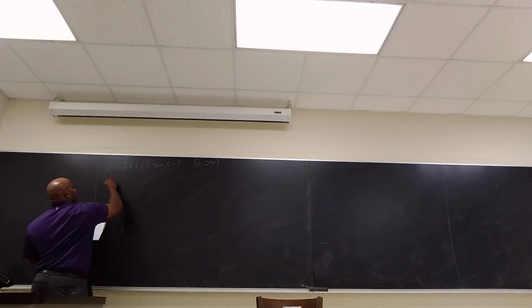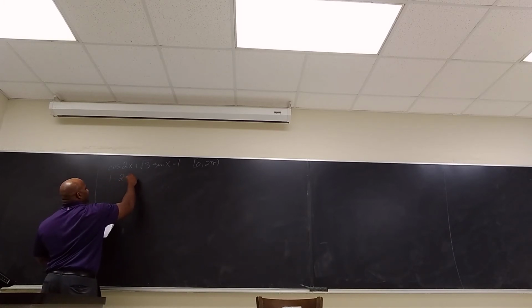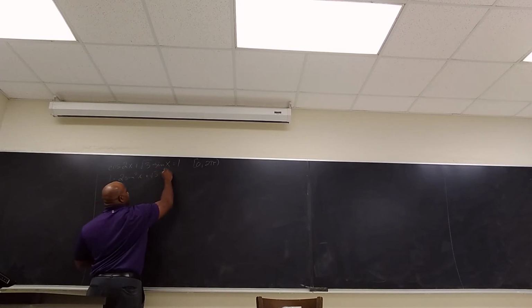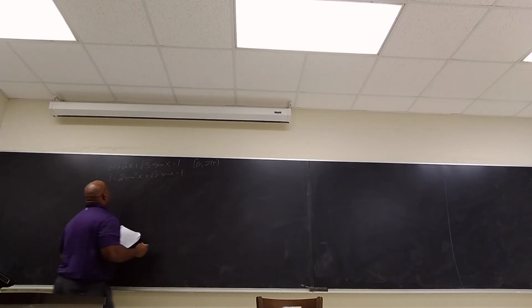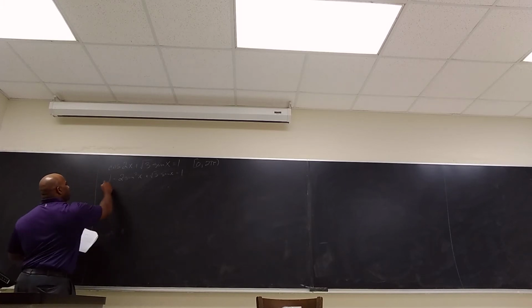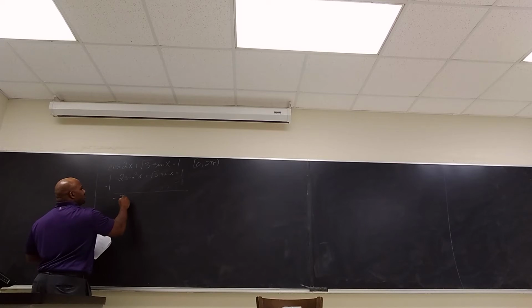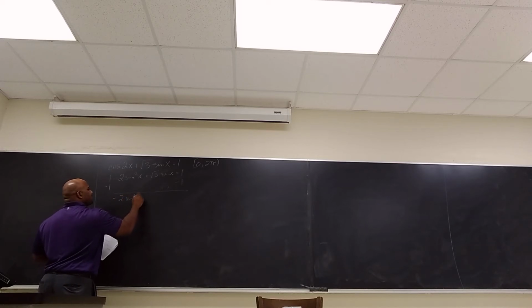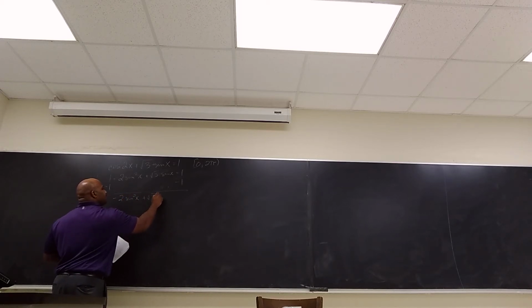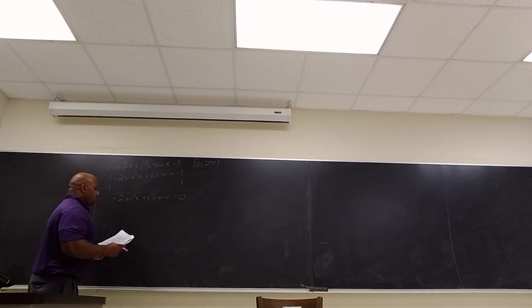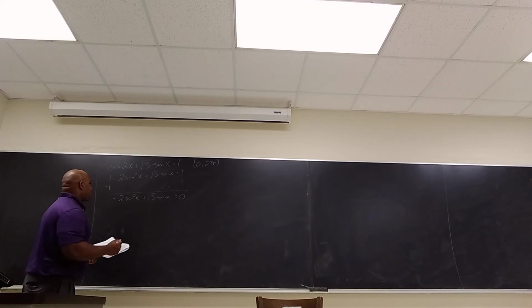Alright? So we're going to say 1 minus 2 sine squared x plus square root of 3 sine x equals 1. Now I can subtract 1 from both sides. Get negative 2 sine squared x plus square root of 3 sine x equals 0. And then I can factor out the sine x.